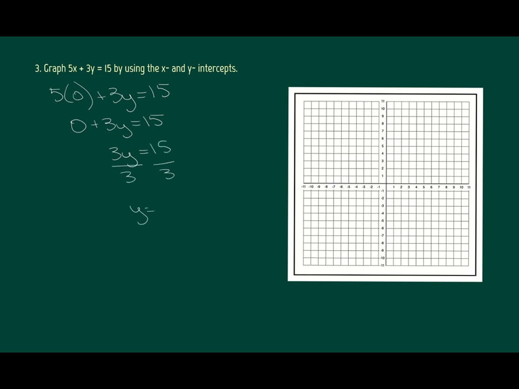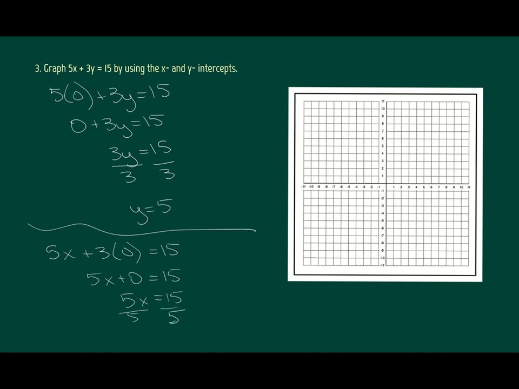And you get y equals 5. Then to find the x-intercept, I'd plug a 0 in for the y. So 5x plus 0 equals 15. You get 5x equals 15. Divide both sides by 5. And you get x equals 3.